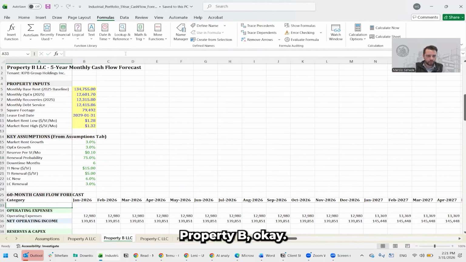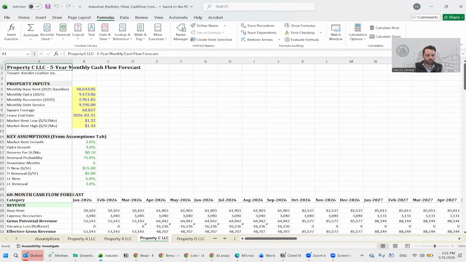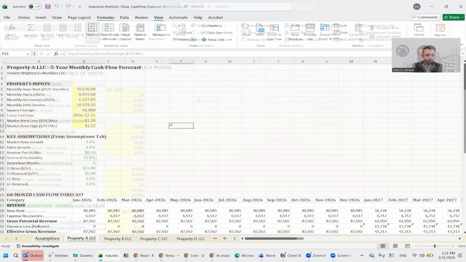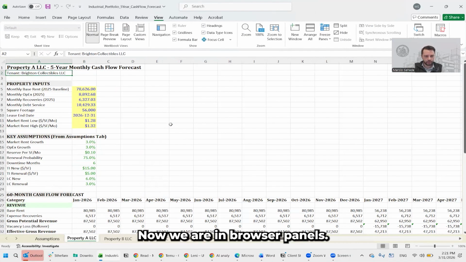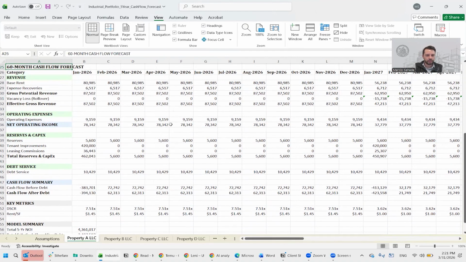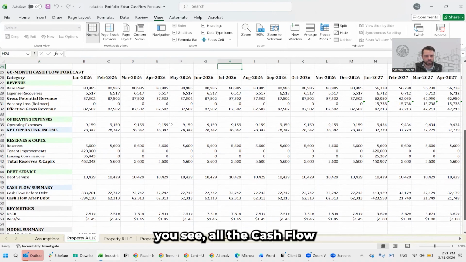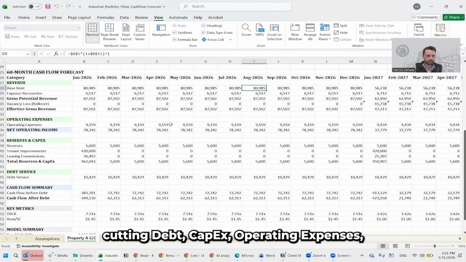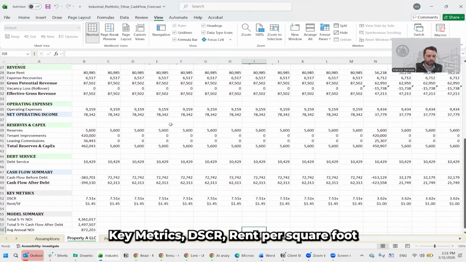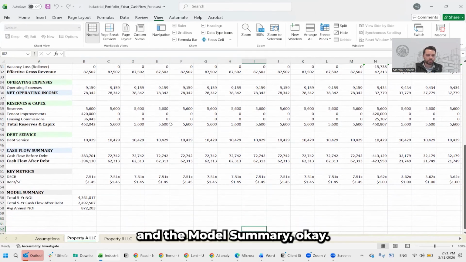Property B, okay. Property C, and actually it's kind of locked. So okay, now we unfroze panes. Now with all the math here. Good, good. You see all the cash flow, including debt, CapEx, operating expenses, key metrics, the DSCR, rent per square foot, and the model summary.